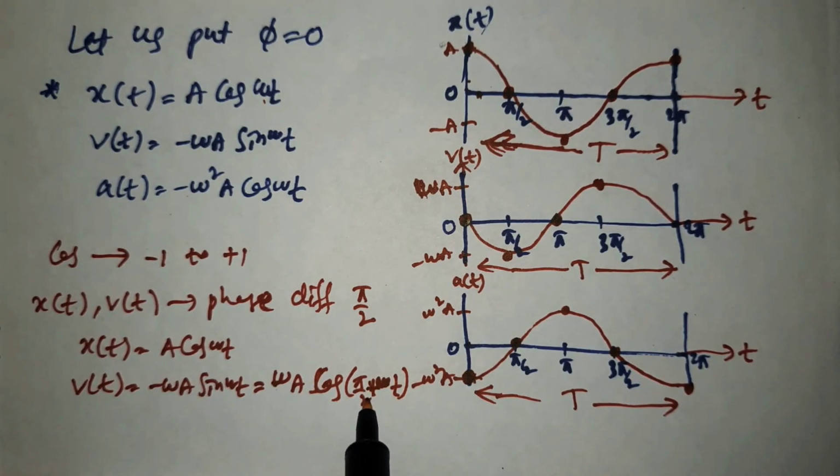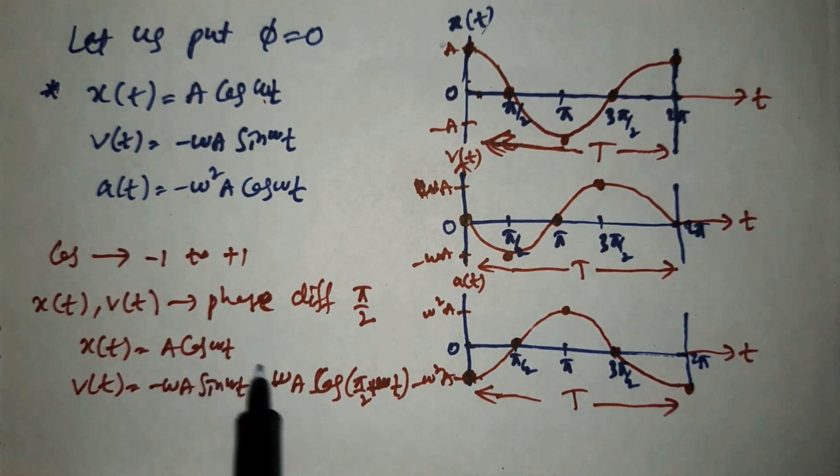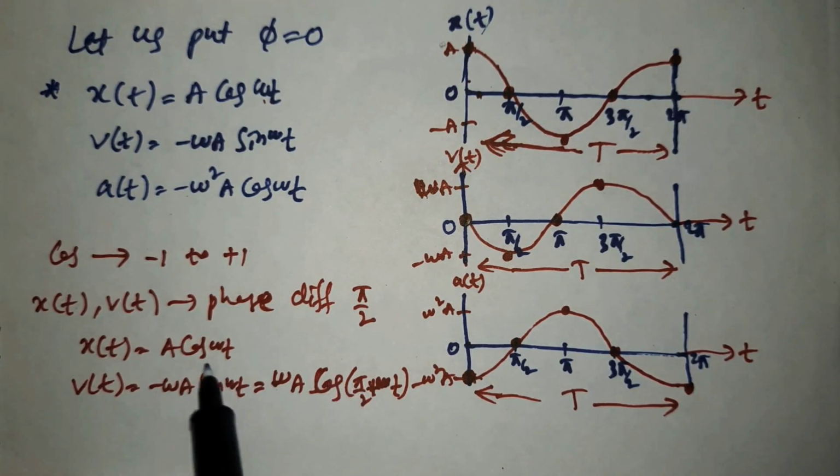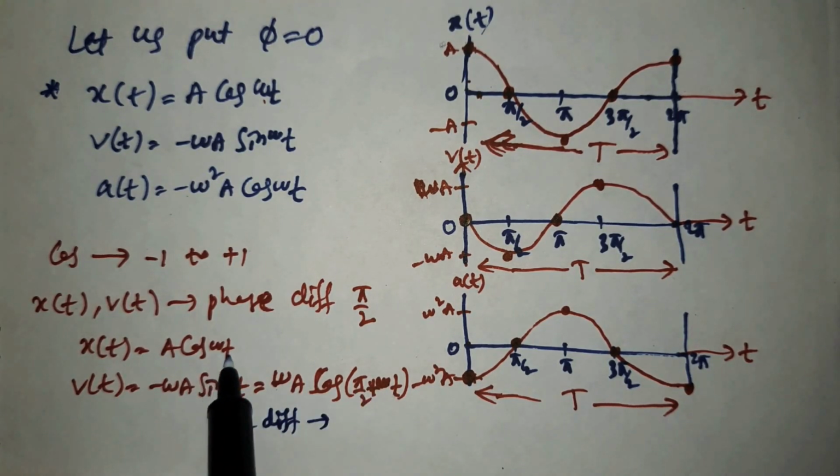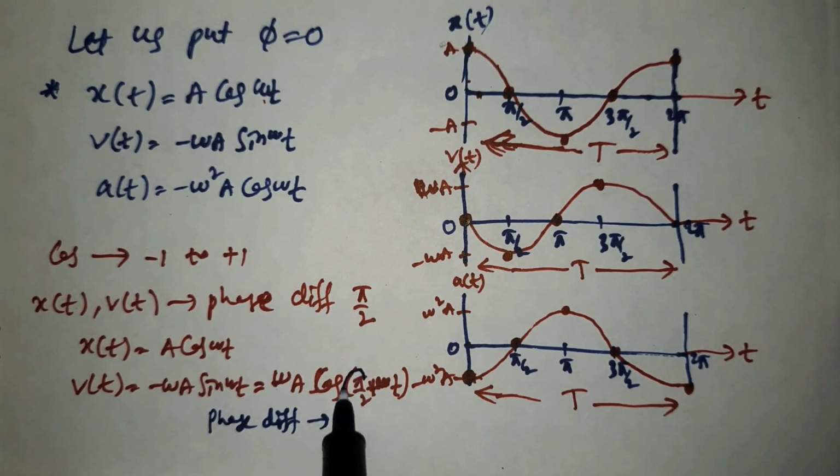So pi by 2 plus omega t is in the second quadrant. In the second quadrant cos is negative. So cos of pi by 2 plus omega t is minus sin omega t. So what is the phase difference? Here it is omega t, here it is omega t plus pi by 2. So the phase difference is pi by 2 plus omega t minus omega t. So that is pi by 2.